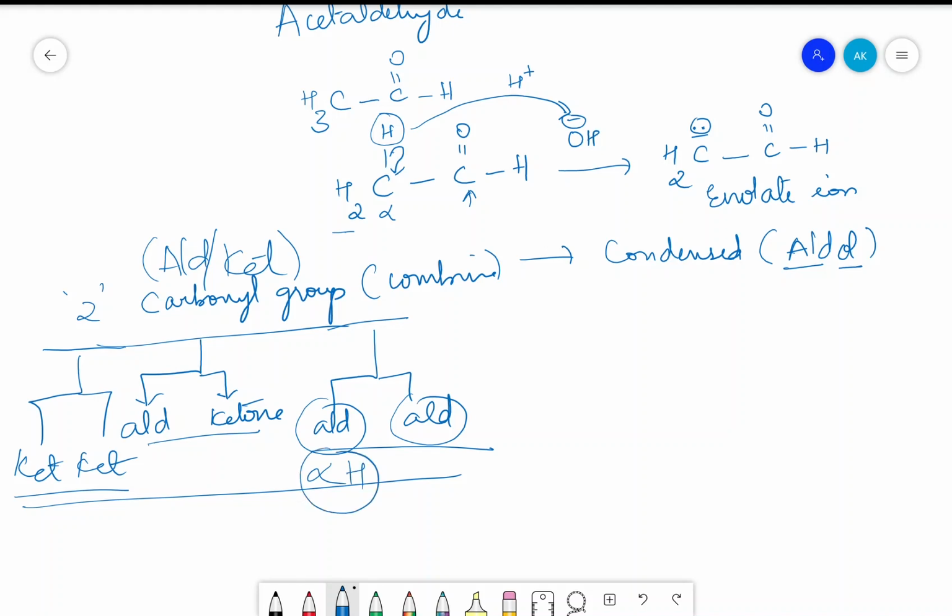If one aldehyde does not contain alpha hydrogen, the reaction can still proceed forward. But the basic requirement is that out of these two aldehydes, any one should contain alpha hydrogen. If both of them contain alpha hydrogen, then also it is okay. But if both do not contain alpha hydrogen, this aldol condensation is not possible.